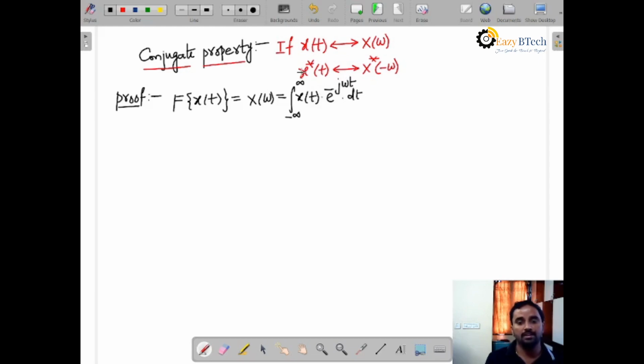This is the first line. Now the second line I am going to take: the Fourier transform of x star of t.